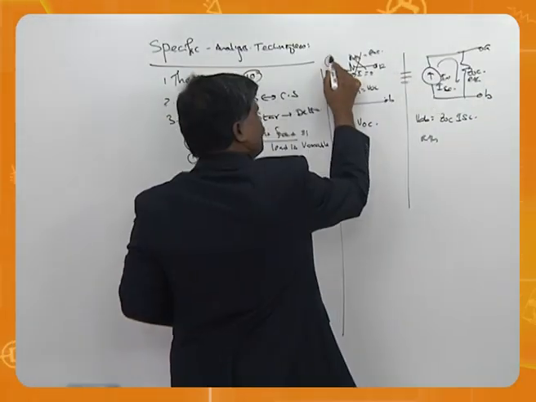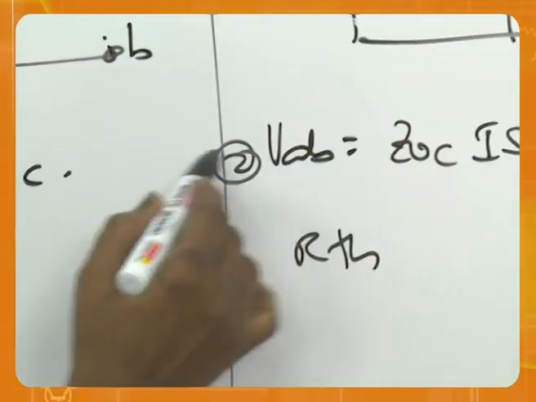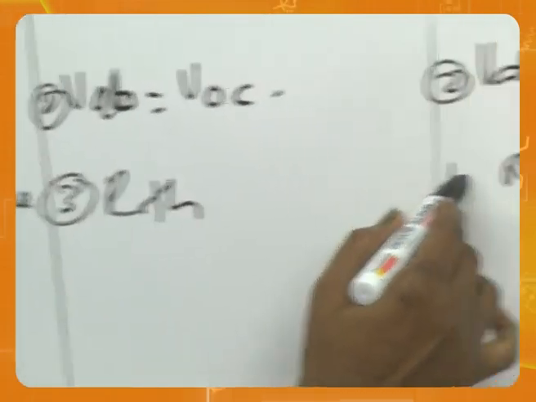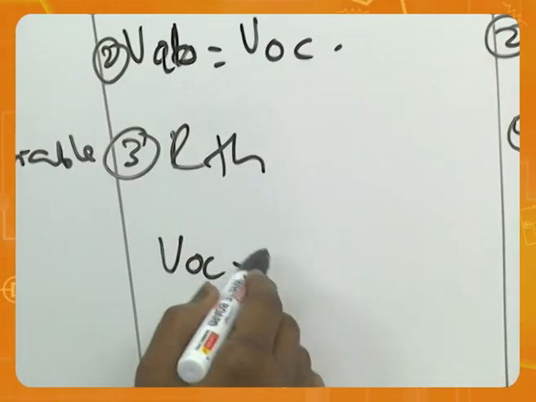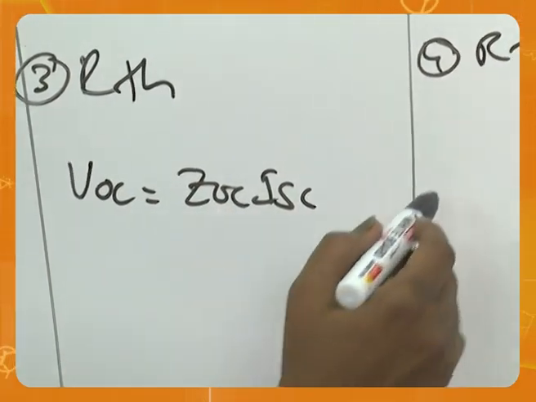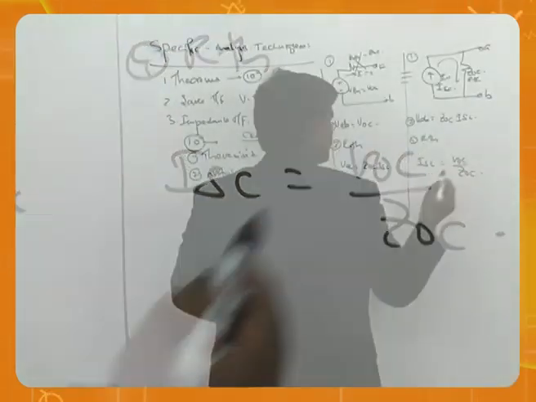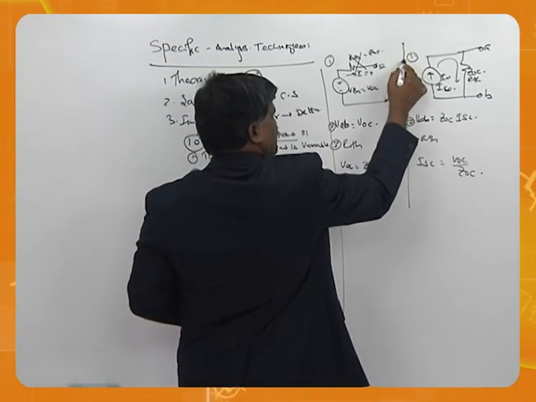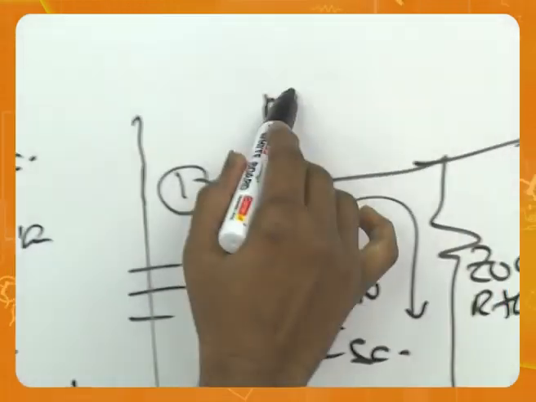So, first point comparison of circuit, second point voltage, third point impedance. The only comparison is VOC is equal to ZOC into ISC, so ISC is equal to VOC by ZOC. This is a very simple comparison from Thevenin's to Norton's.